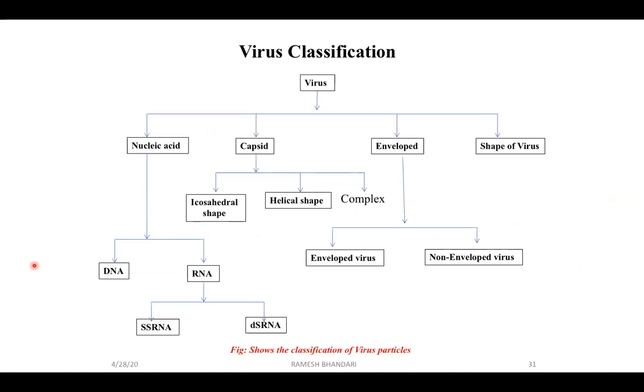Let's move to the classifications of a virus. The viruses can be classified on the basis of their nucleic acids, that is either DNA virus or RNA virus; based on the shape of the capsids or nucleocapsids, that is icosahedral, helical, or complex shapes; based on the presence of an envelope, that is enveloped virus and non-enveloped virus; and based on the shape of viruses.